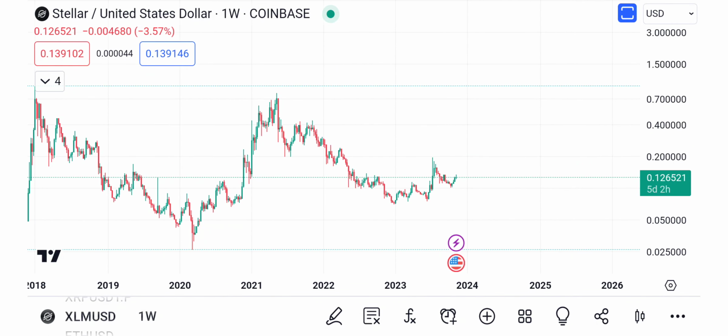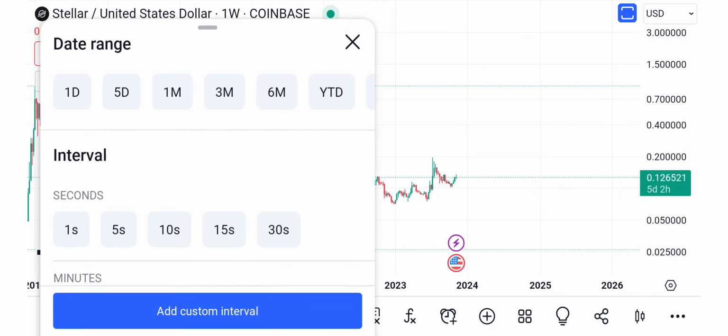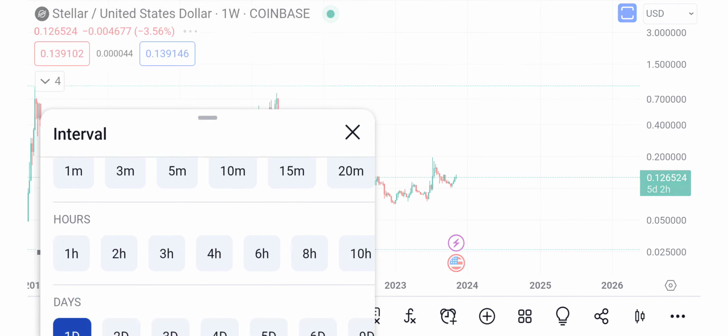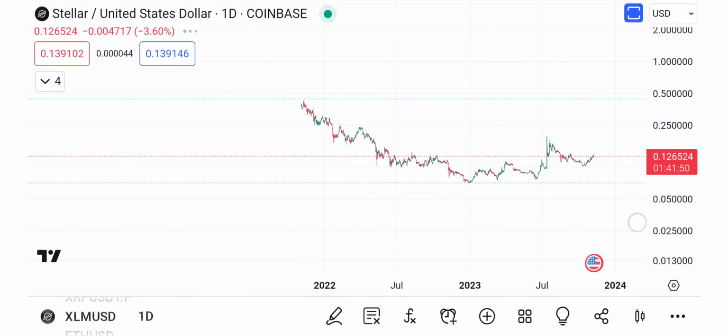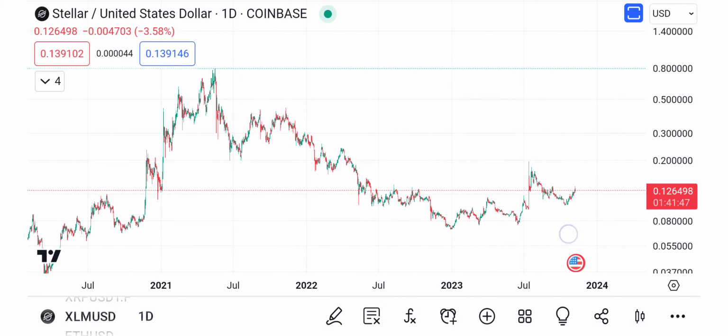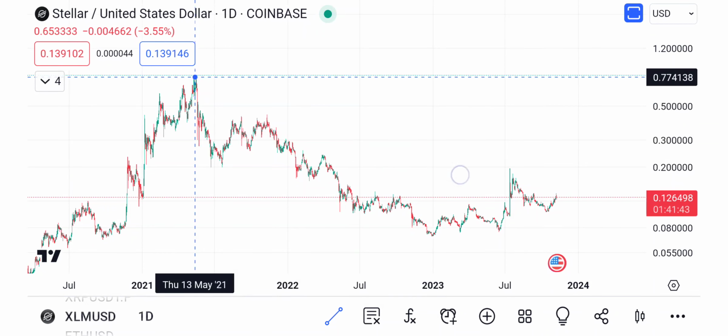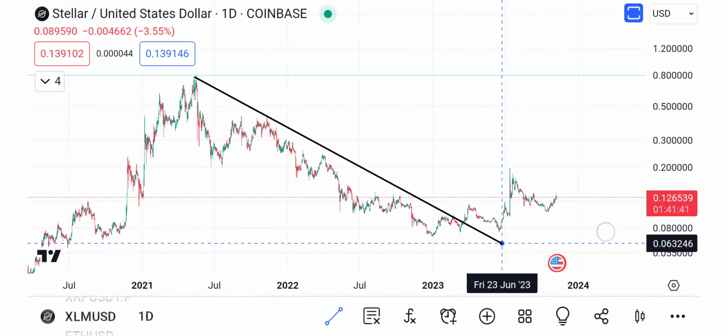And by the way, like I've said, let me go to the daily chart and I'll show you another reason why I'm very bullish. It's a very bullish pattern. Let's see if you know what this is.